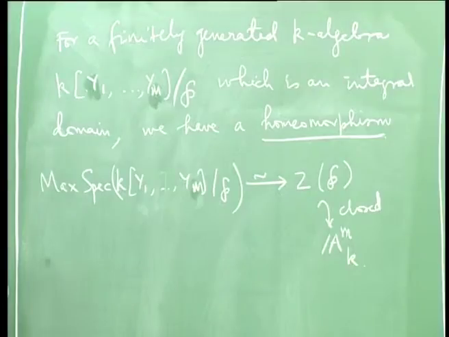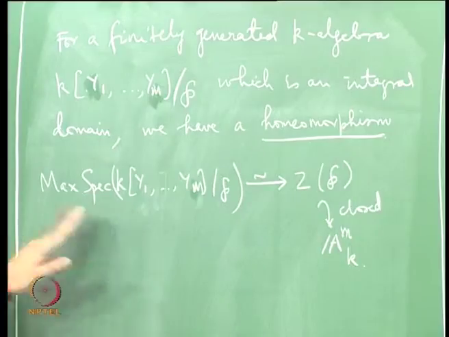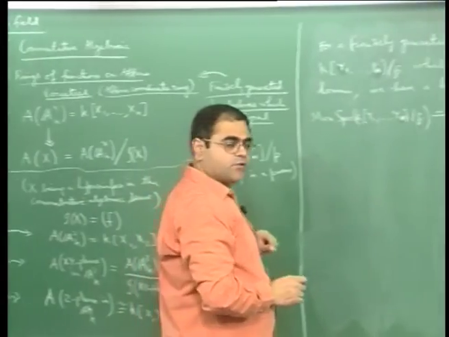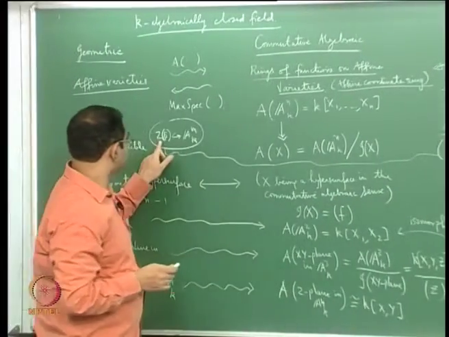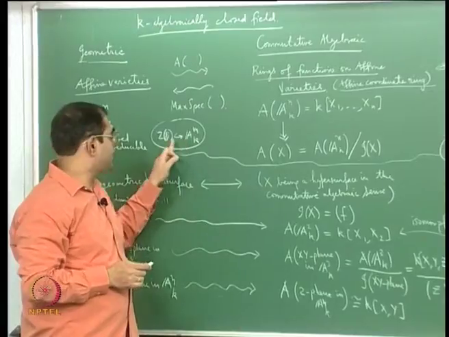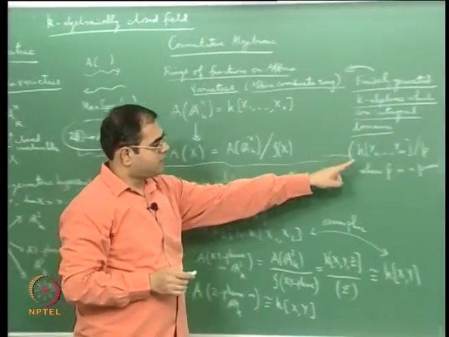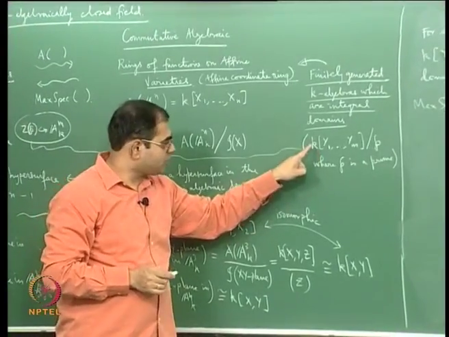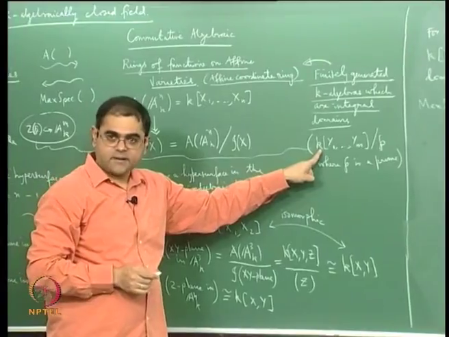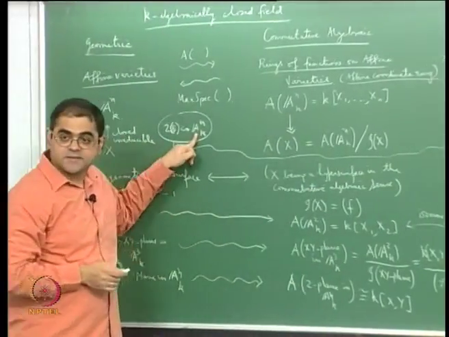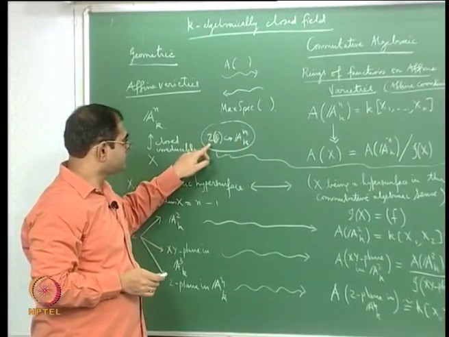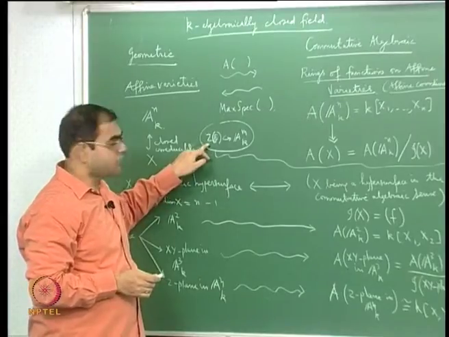Okay, and how does one see it? Let me try to explain that. So this is exactly how you go from here to here. If I start with Z of P inside AM, where P is a prime ideal in the polynomial ring over K with m variables, which is the affine coordinate ring, the ring of functions on AM, the larger space, then what is the ring of functions on Z of P?